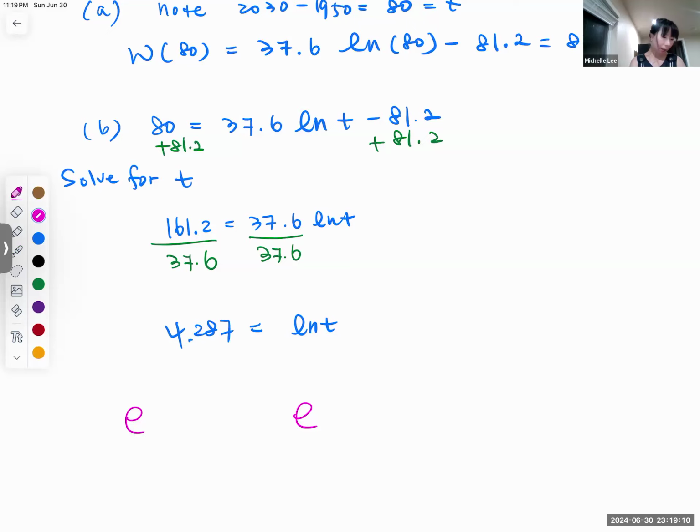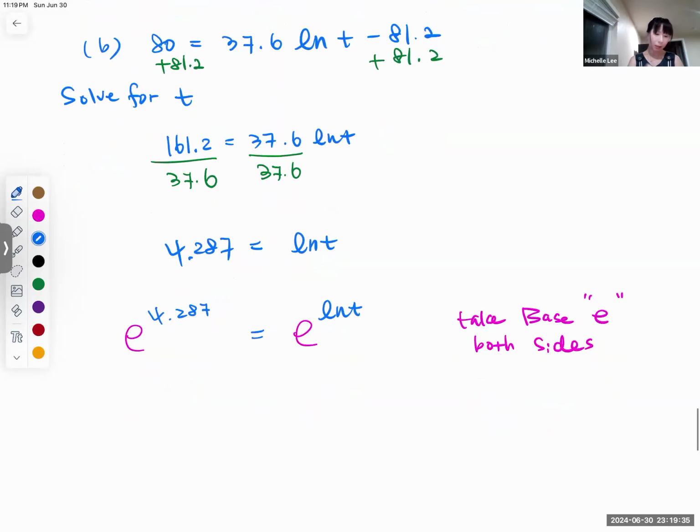Let me write it down: take base e on both sides. Then there will be e to the 4.287 equal to e to the natural log of t.